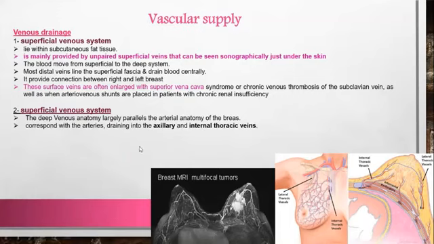Same as the arteries, the deep veins follow and drain into the parallel veins, while the superficial, which represents the major system and is unpaired, does not follow the arterial, and usually we see a superficial vein just beneath the skin on ultrasound.